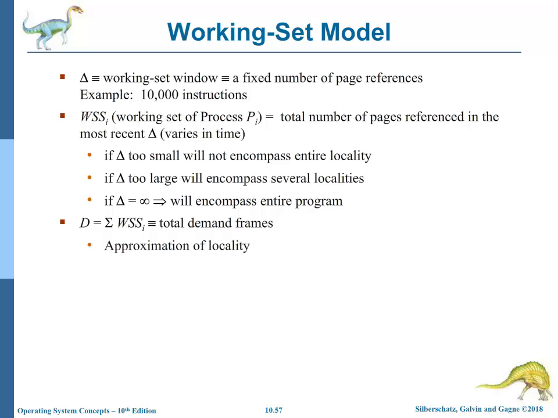The set of pages referenced during the last delta references is called the working set. It is an approximation of the locality of the process. The goal of the operating system will be to use this approximation to help keep each process supplied with enough frames to hold its working set.